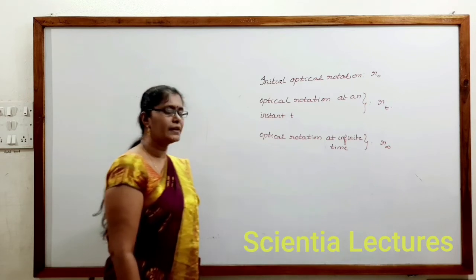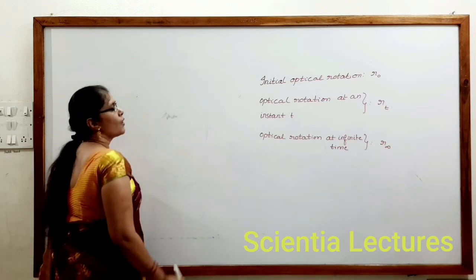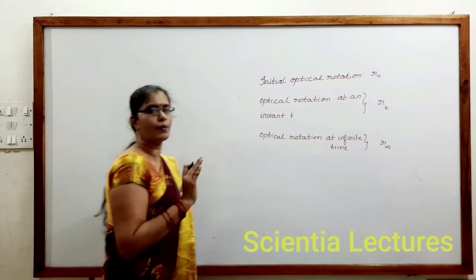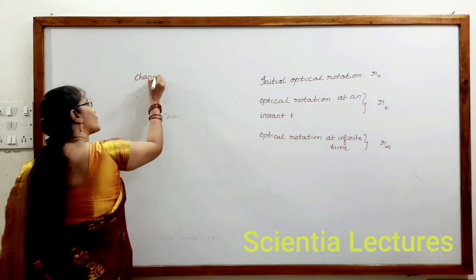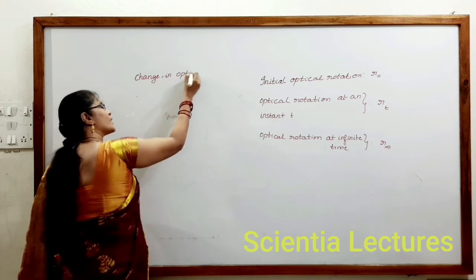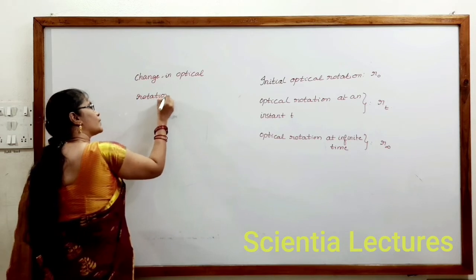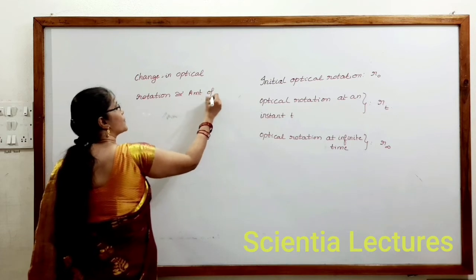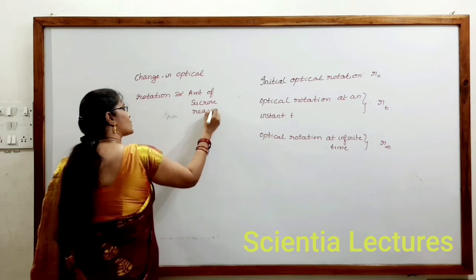Now we need to find out k. That is our purpose, right? Here, whatever is the change in optical rotation is equivalent to the reacted amount. Generally, in these conditions, the change in optical rotation is equivalent to the amount of sucrose reacted, because of the reaction only.